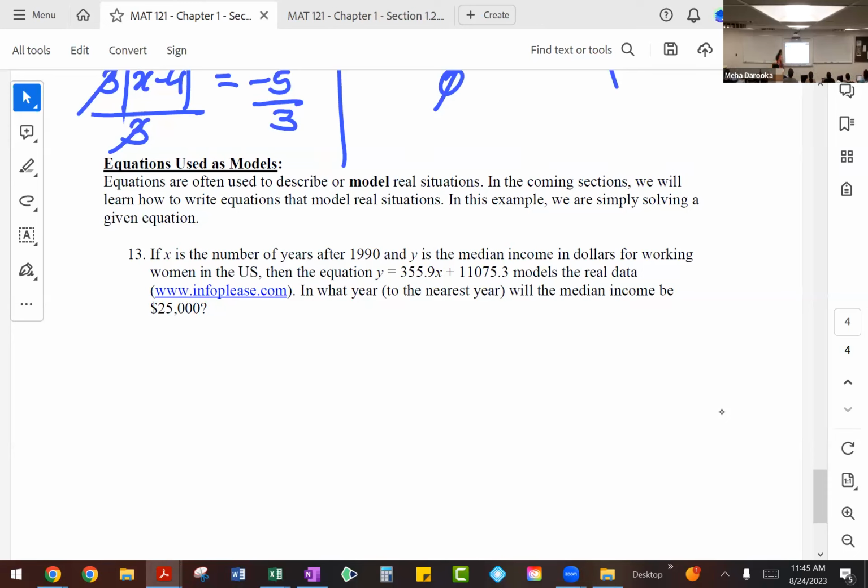In what year, to the nearest year, so rounding it to a whole number, will the median income be $25,000? So they're saying basically after 1990, how many years would it take where the median income for working women in the US would be $25,000. So think about first, where do you put that 25,000 in that equation?